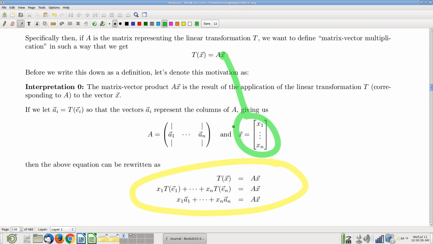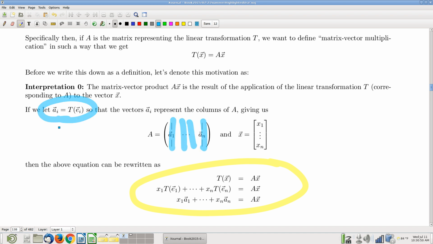And by the way, don't forget, our big rule about matrices is that the columns are the images of the standard basis vectors. That is always true. That's the definition of a matrix. It's the shorthand by which the columns are the images of the standard basis vectors.